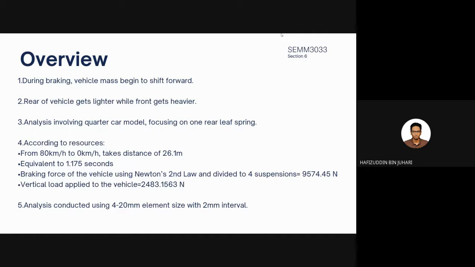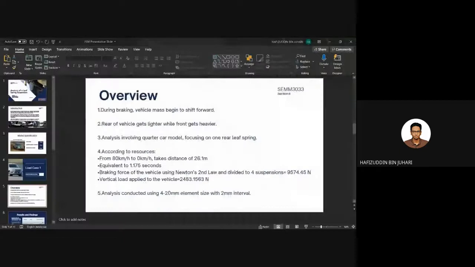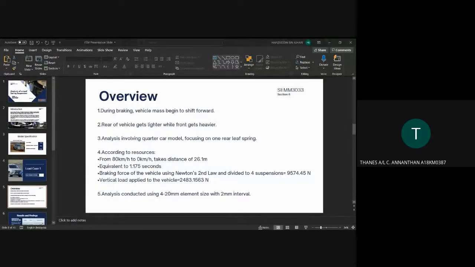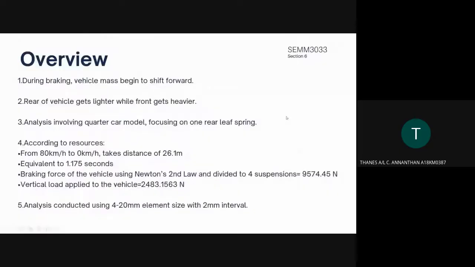This analysis involves a quarter car model, focusing on only one rear leaf spring. According to resources, the 2016 Toyota 2.0 D4D is able to stop from 80 km/h to 0 in 26.1 meters, which is equivalent to 1.175 seconds.